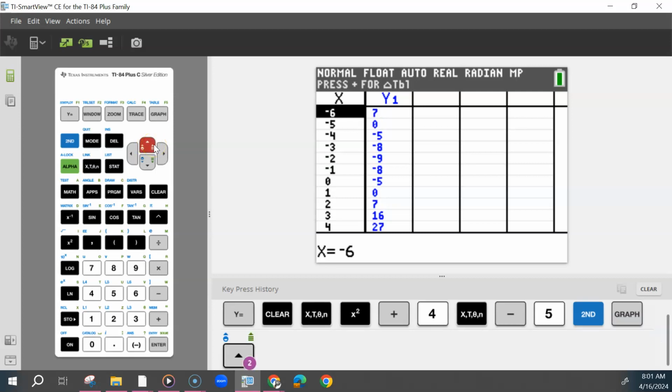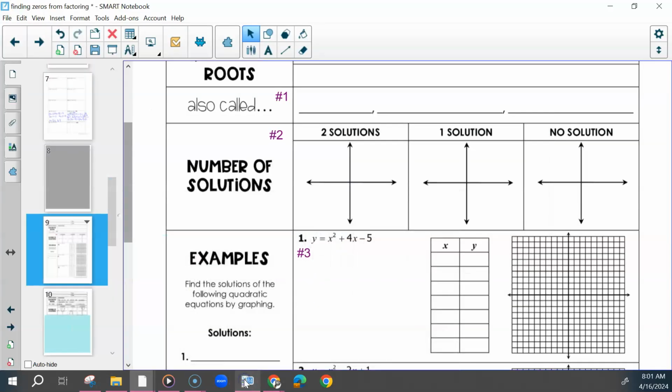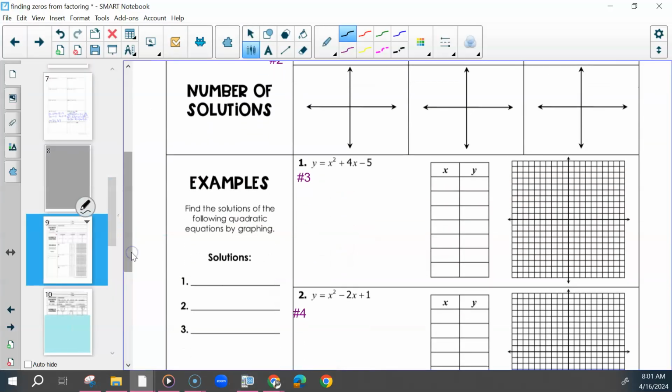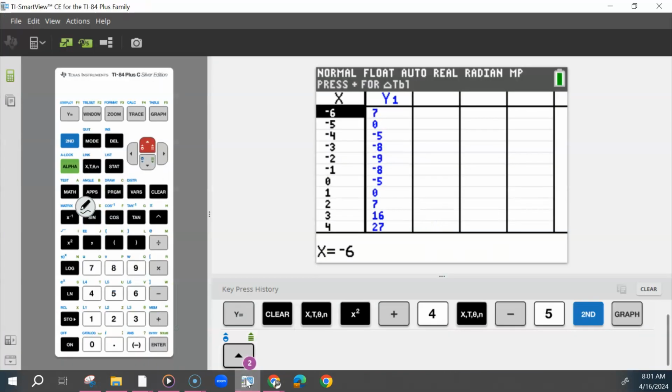The 0 repeats, so that's not the middle. So find the middle of these. Where the y value stops repeating. -2 and -9, so that's going to be your vertex. Put that in the middle. And then fill out the rest.